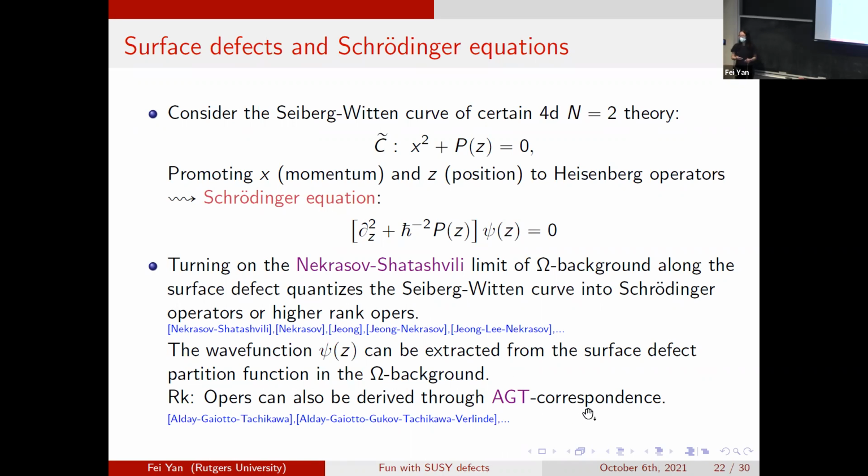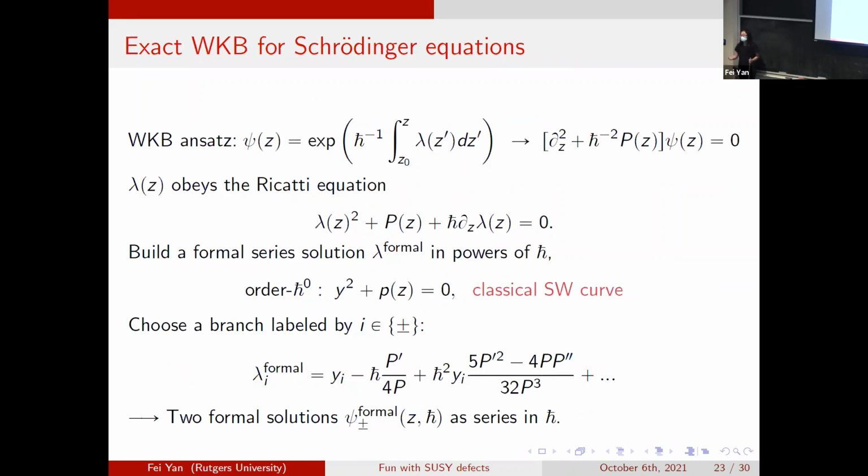But I will not talk more about it. The bottom line is the surface defect is useful to quantize such algebraic equations into the Schrödinger equation. And because of that, the study of surface defects also helps you to understand the exact WKB method for Schrödinger equations. So let's quickly review this good old exact WKB story for Schrödinger equations.